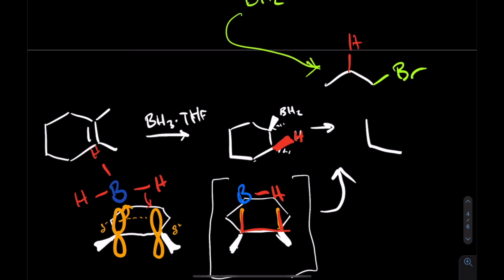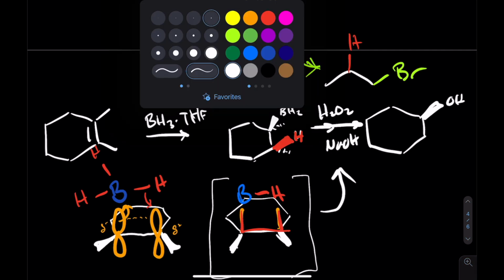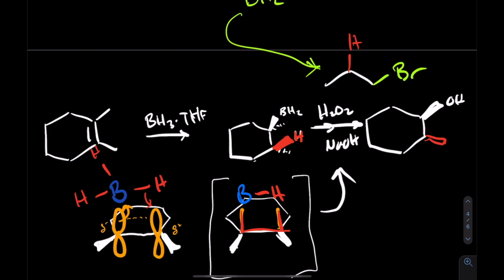So what you see is that we'll throw in H2O2 and sodium hydroxide, and that means your final product has an OH here and your hydride is here.